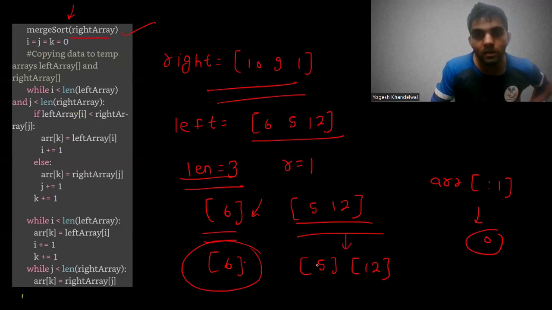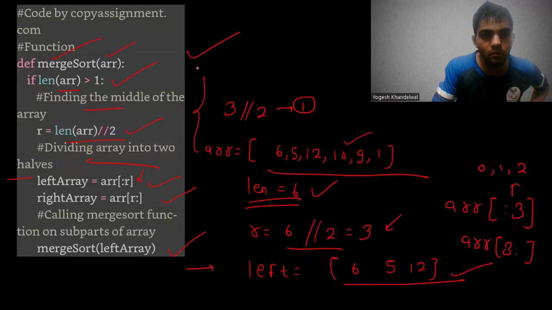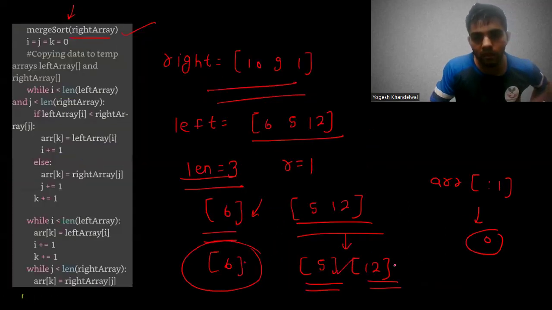This part will further divide into two parts, 5 and 12, according to this rule. Here the length is 2, so r will become 1, then the left part will become 5 and the right part will become this. So we stop further dividing when the length of the array is 1.